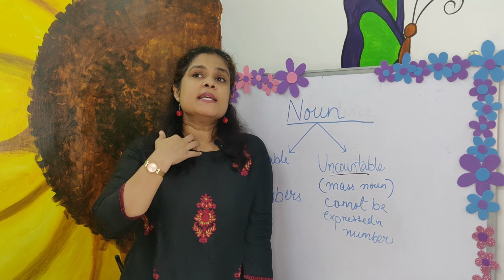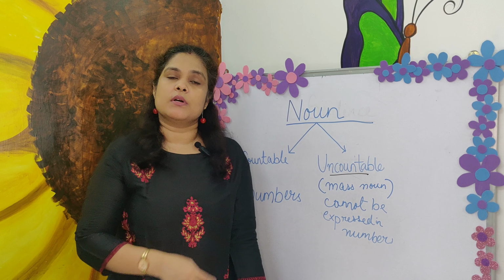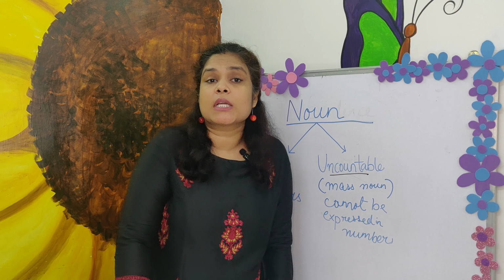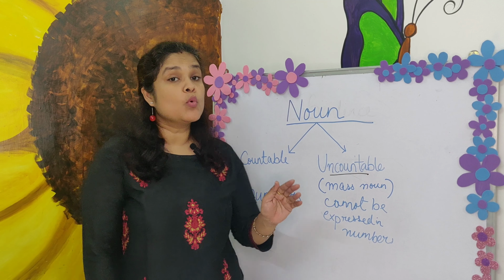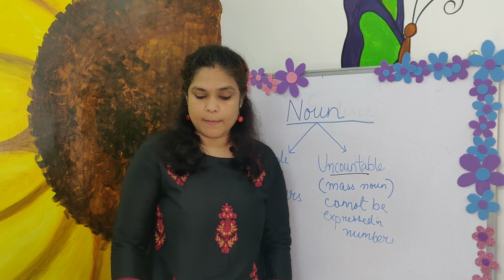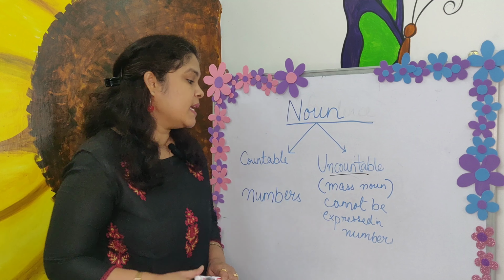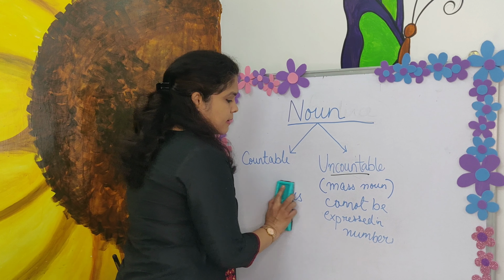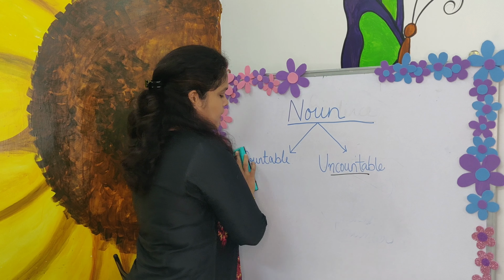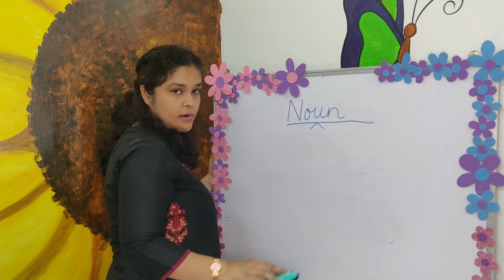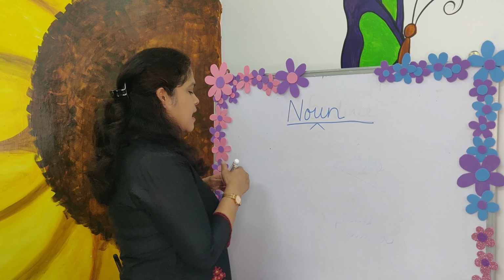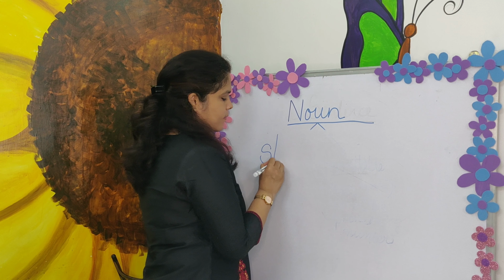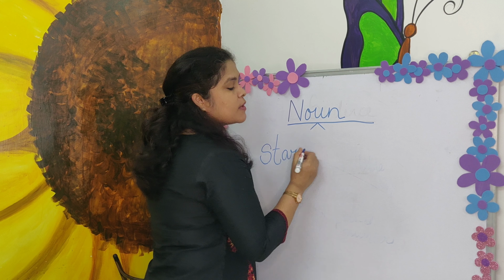But before that, see, there will also be certain words which we cannot count, but they will have their plural and singular form. For example, the easiest example that I can give you is star. What is the plural form of star?